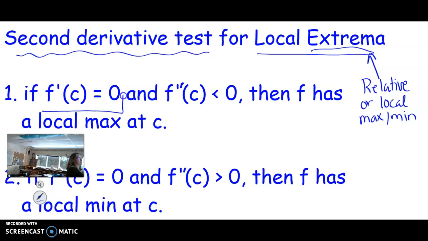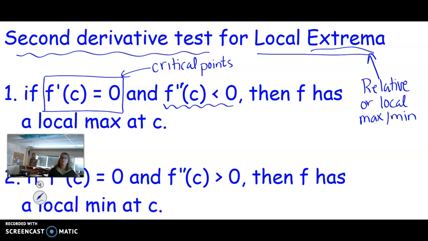To find our local extrema, our local minimums and maximums, we want to figure out where the first derivative is 0 or undefined. When we do this, we're going to be finding our critical points. Then we're going to check at those critical points whether the second derivative is positive or negative.